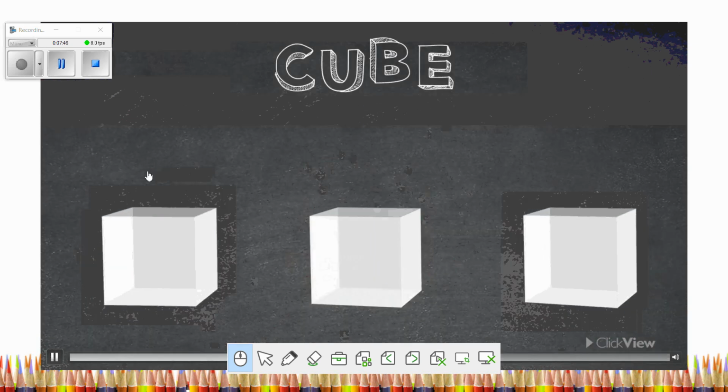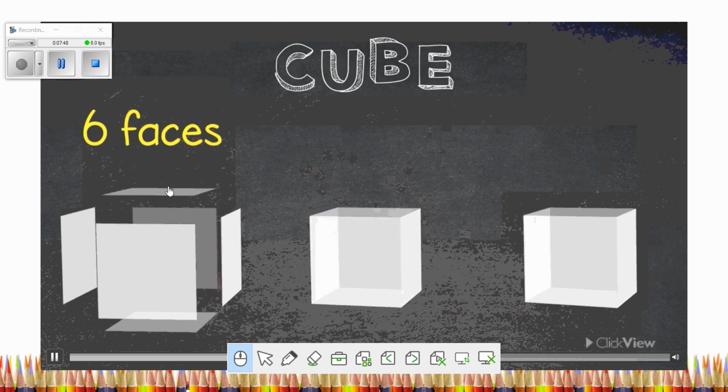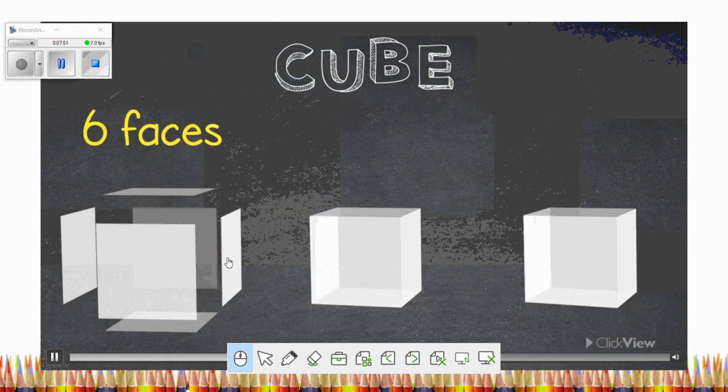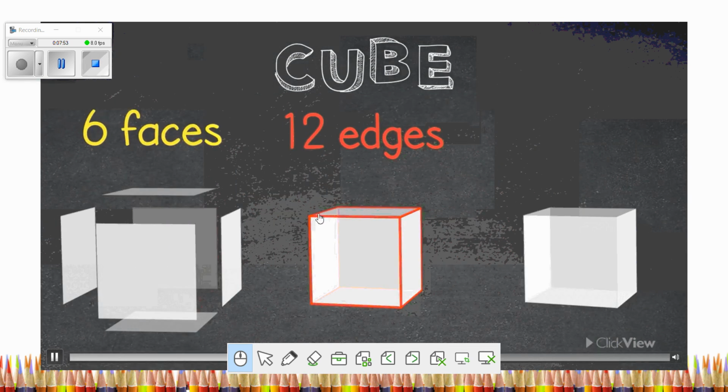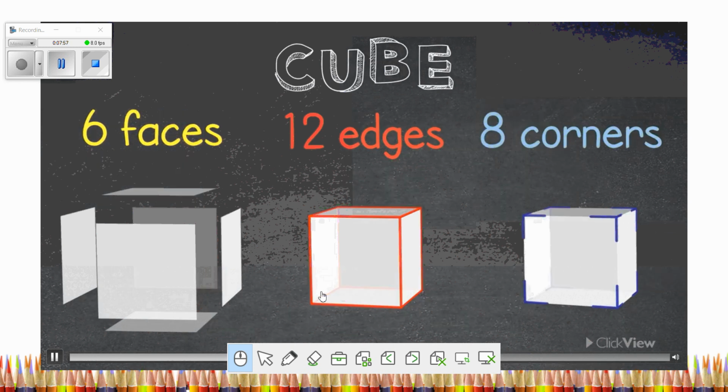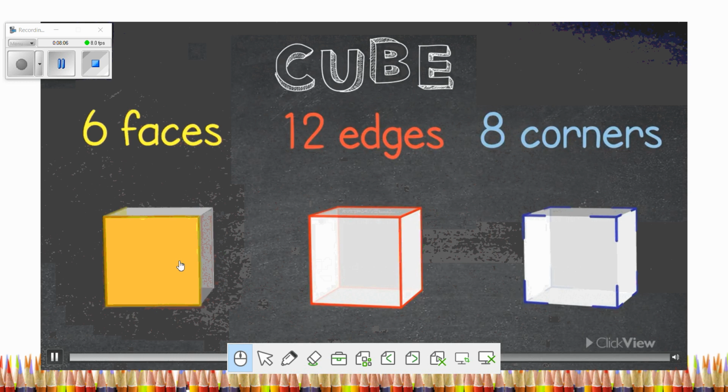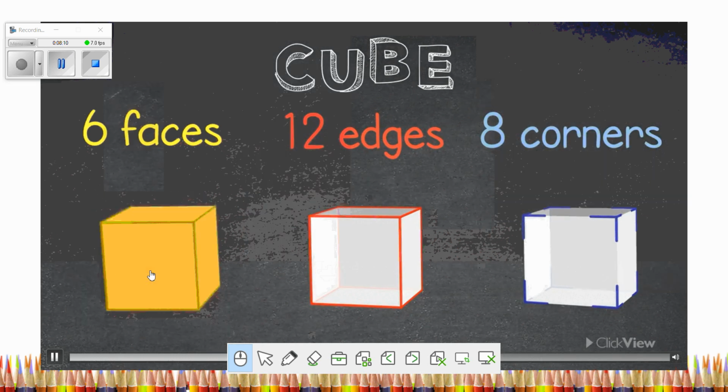The cube has 6 faces, 12 edges, and 8 corners. All of the faces are squares. Look, all of them are squares.